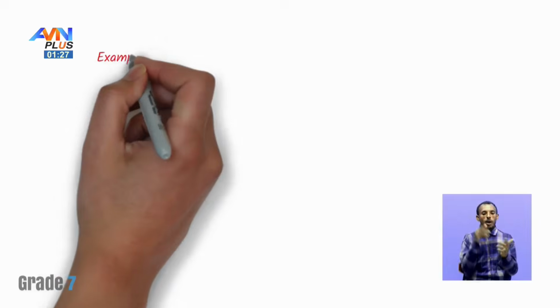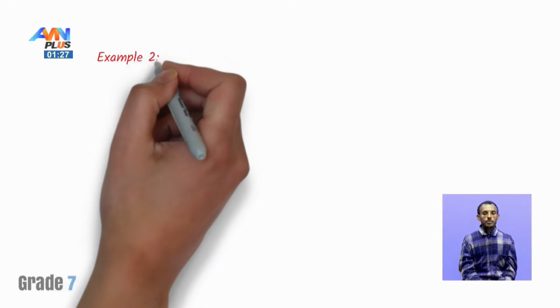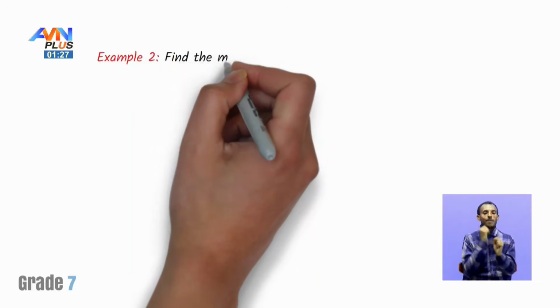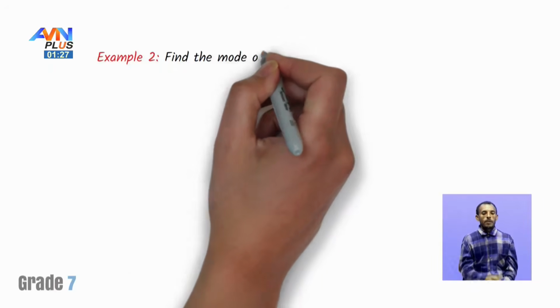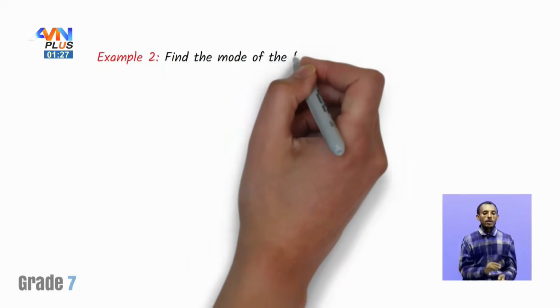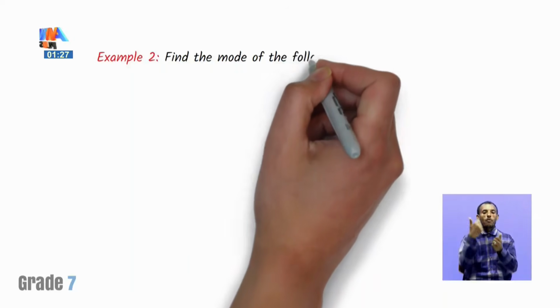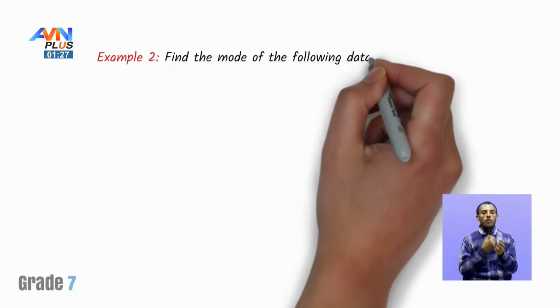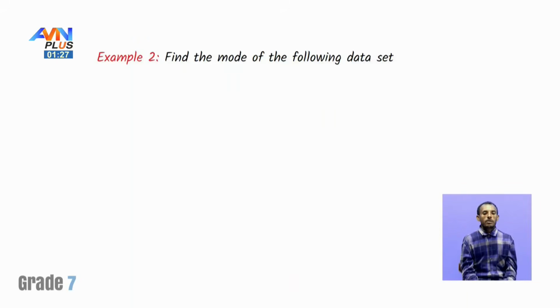Okay, now let's try example 2. Again, find the mode of the following data set.